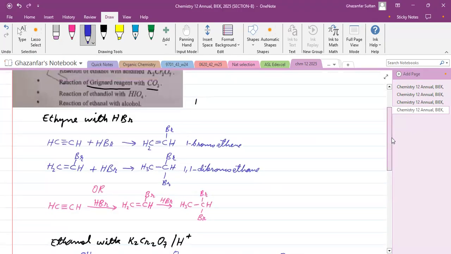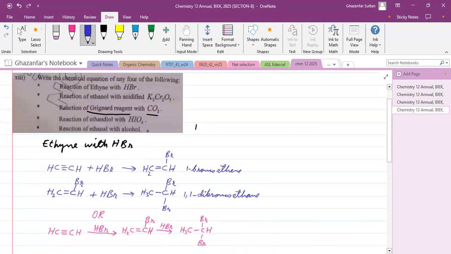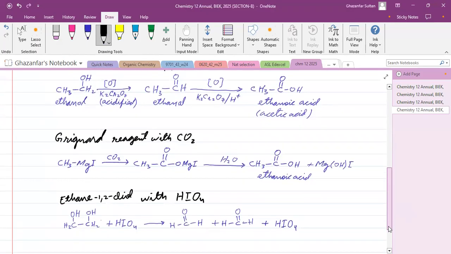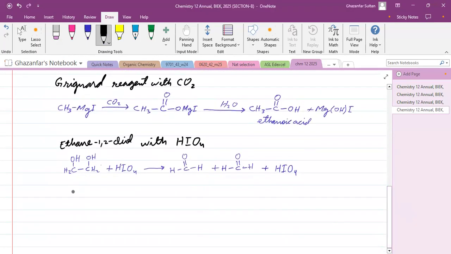And now the last reaction is the reaction of ethanal with alcohol. They have not mentioned the name of the alcohol. So ethanal with alcohol. In this case, you can write any alcohol: methanol, ethanol, propanol, any of the alcohols you can write here.